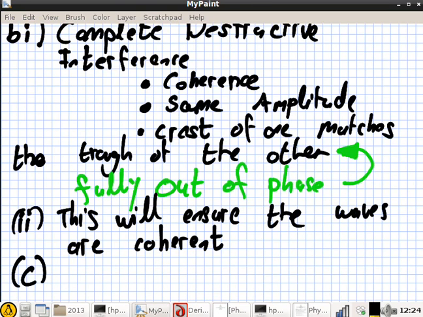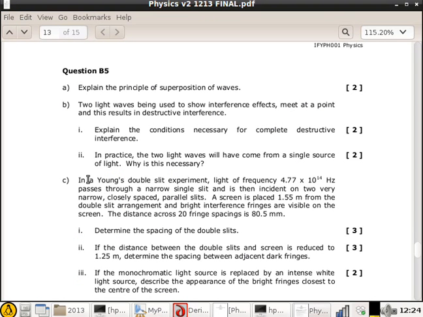So C part. We now have Young's double slit experiment. Here is the frequency, and the screen is 1.55, and the distance for 20 fringes is 80.5. Now, this is actually good because that's what we were just doing in the book.